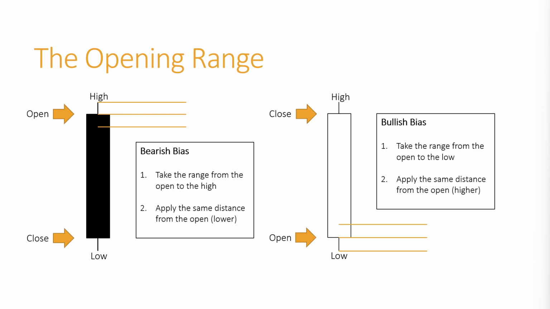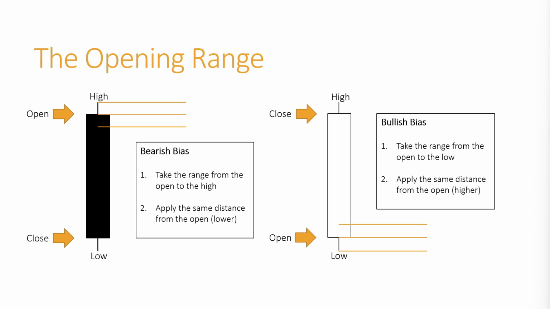We have the power of three, so we're expecting the market to open and trade higher before going lower. And so that's going to give us our opening range. So between the open and the high, we add that range below the open, and we're going to find our optimal setups in this area here to get us positioned for that move lower before we have distribution at the lows.